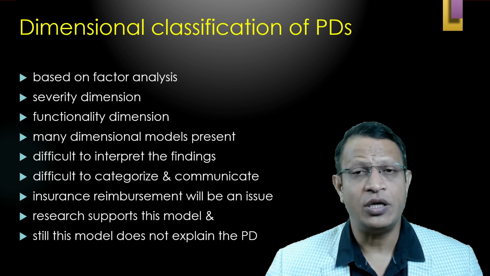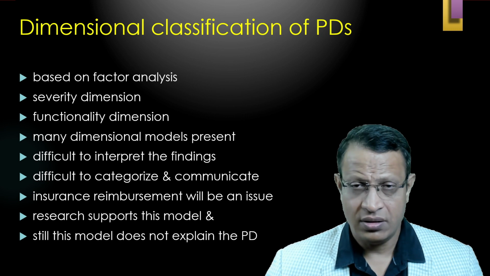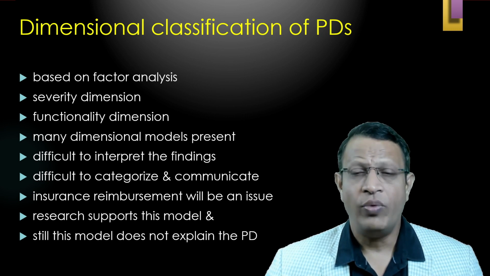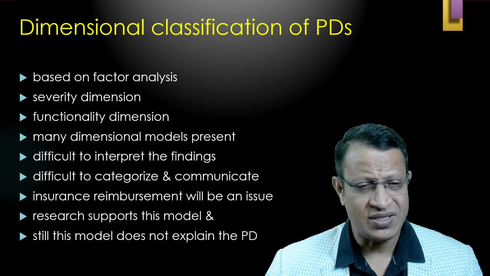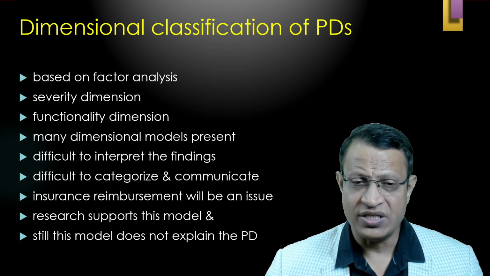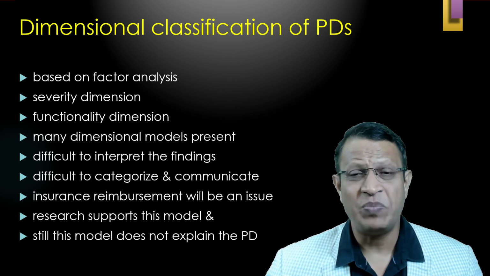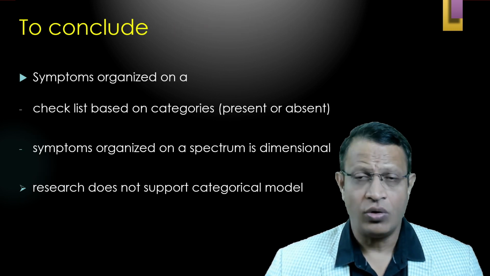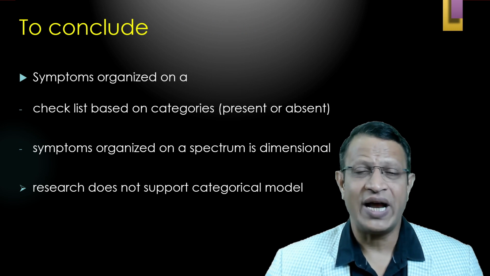Hence, it is difficult to interpret the findings, difficult to categorize and communicate with other treatment providers. Insurance reimbursement is a big challenge because we do not have a well accepted dimensional classification of personality disorder. Although research indicates the dimensional approach is the only way forward, still this model does not explain the complete personality disorder as a disorder. To conclude, my dear friends, currently the personality disorder is based on a categorical approach.